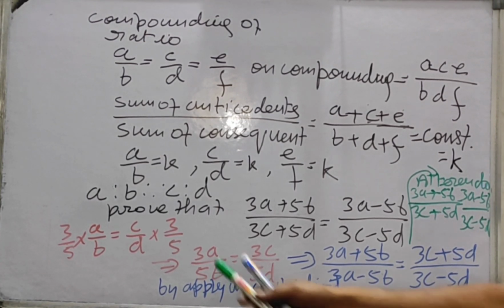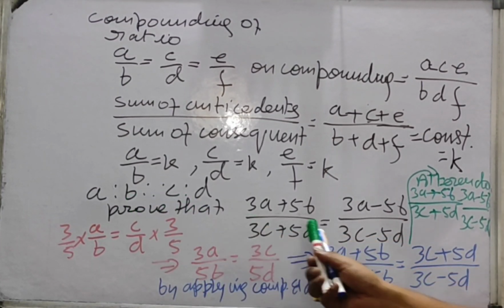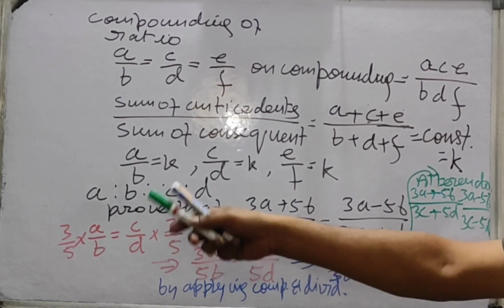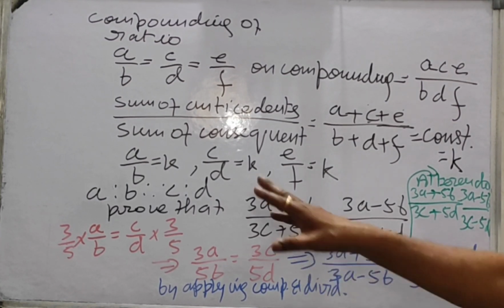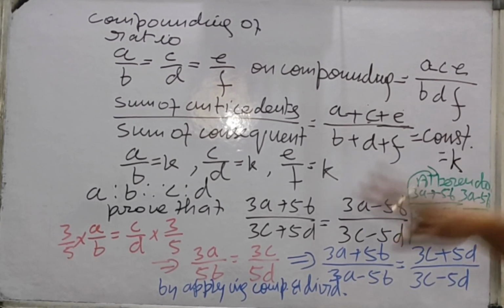No, you have to prove this only. So you will go this way. If it is given like this, and you have to find a ratio b proportion c ratio d, then you will go like that.